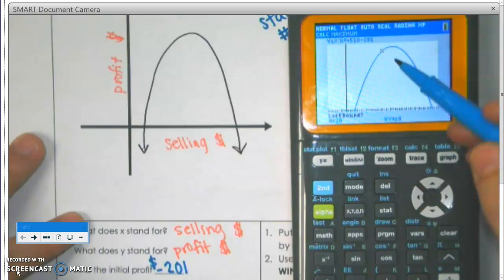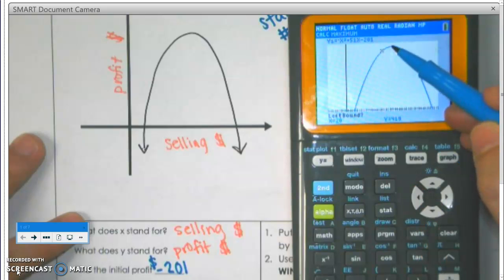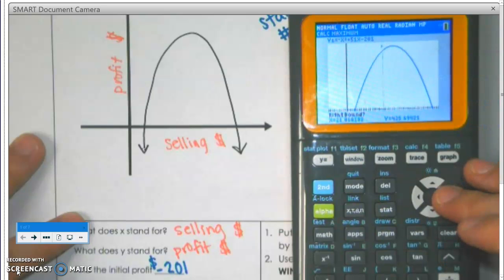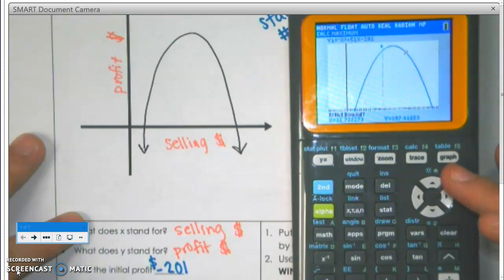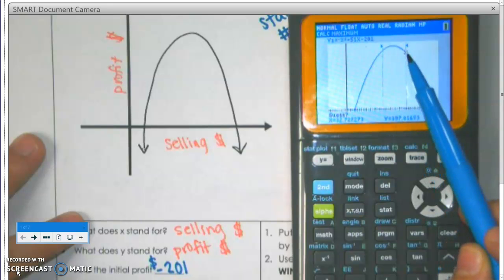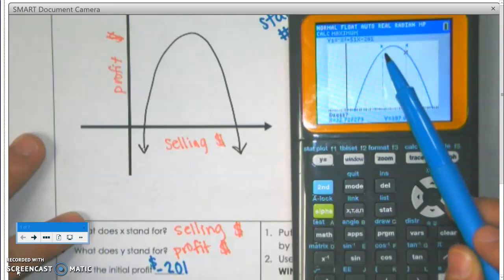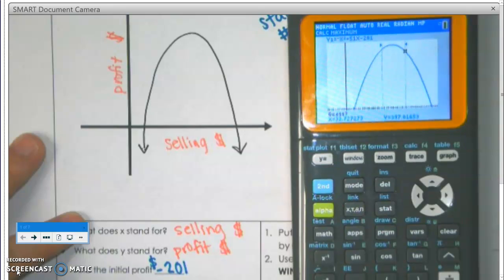So left bound, I just have to be anywhere to the left of the turning point. So I'm just going to hit enter. Right bound, I have to be on the right side, anywhere to the right, and hit enter. And so remember, now my calculator is going to look in between those two for the highest point. So your vertex has to be in between those two lines in order for this to work.